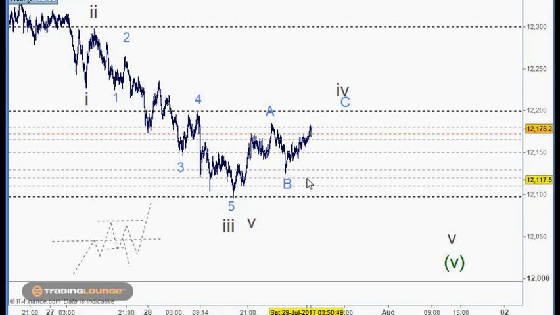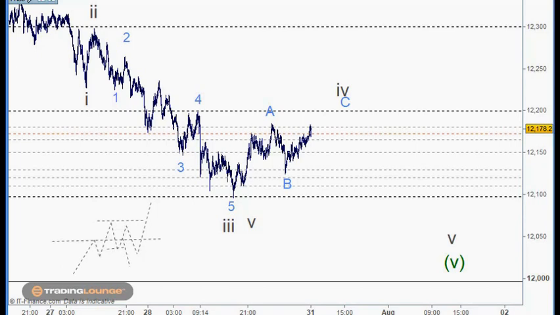And if you're a little bit unsure about that, then if the market moves up to here as expected, the 12,172 as a retested resistance can also be the short trade to the downside. So yeah, that's it. The DAX is really quite simple.